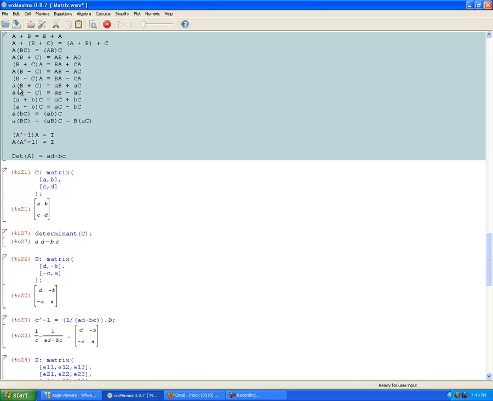So little a is going to get distributed across B and C. So it'd be the same thing as saying a times B plus a times C, little a here being this value. That would be the same thing. Also, a times B minus C, of course, is going to work just fine too. So aB minus aC is also going to be compatible.